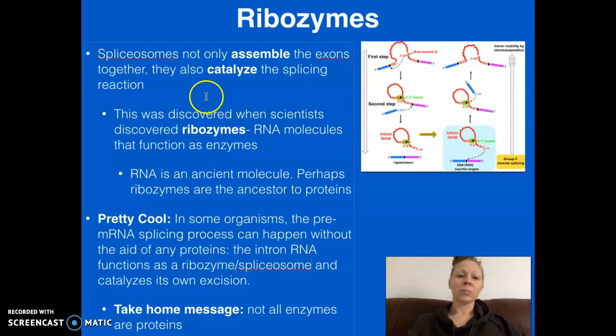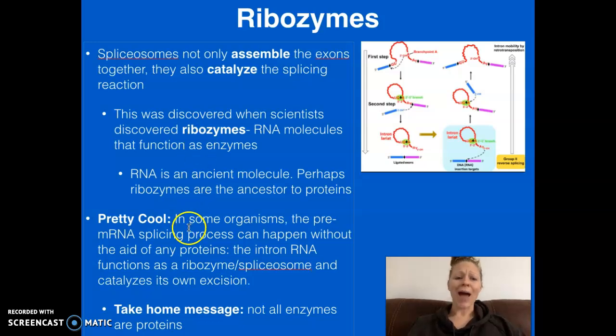And so a spliceosome, the complex that we were talking about that takes out the introns and splices together the exons, is a combination of proteins and catalyzing RNAs. This was discovered when scientists discovered ribozymes, which are catalytic RNA molecules.